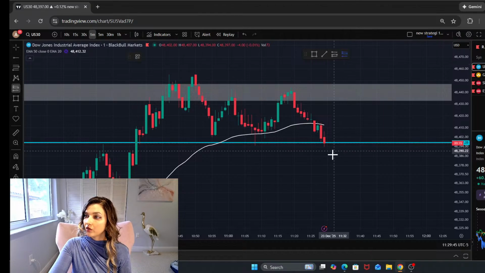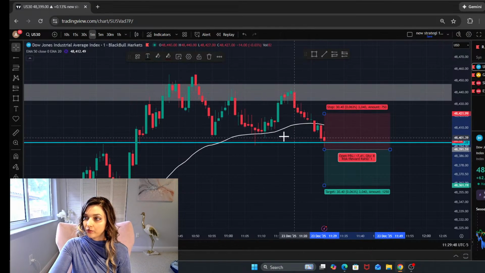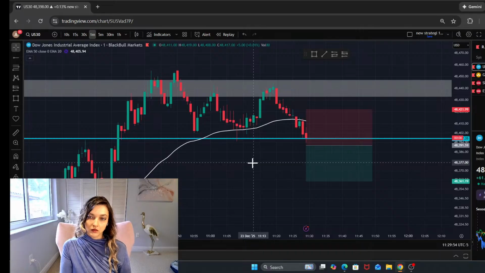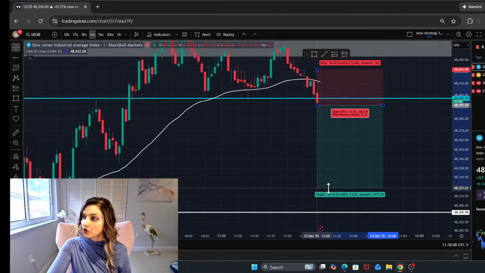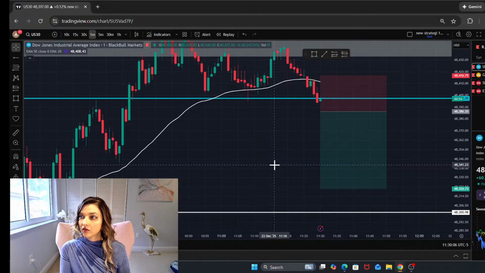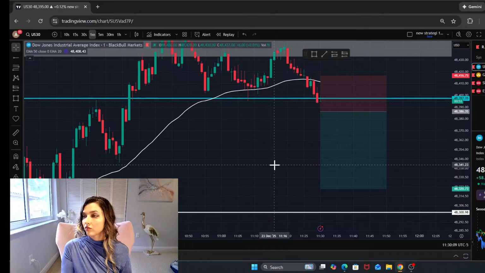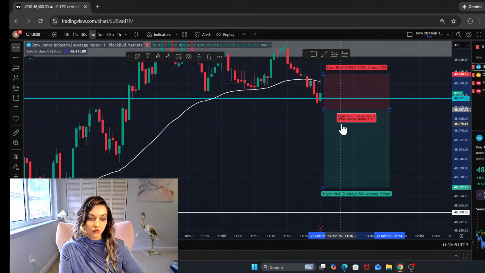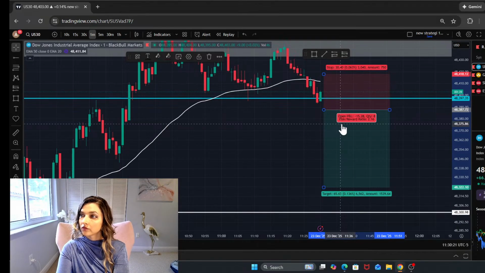Okie dokie, we're going to go short soon, guys, but remember, I want to break this area and take a 2. Here we go. It will be somewhere here. It's not broken the area yet.